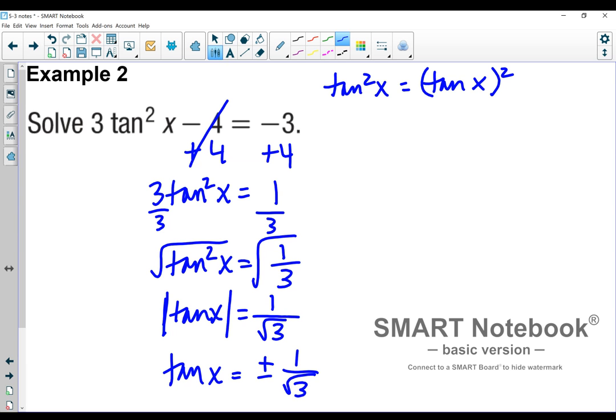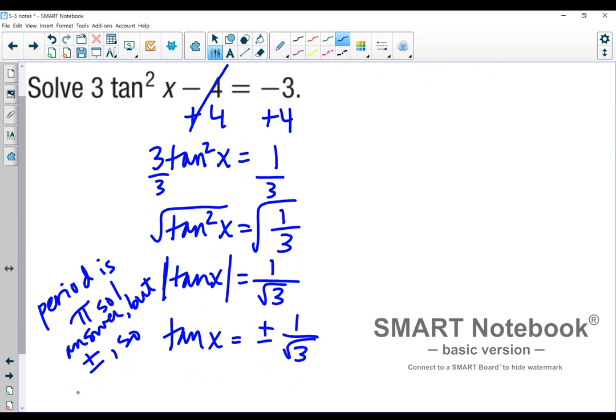So now we have to think about tangent. The period of tangent is only pi. So that would be one answer. But plus or minus, so 2 answers.